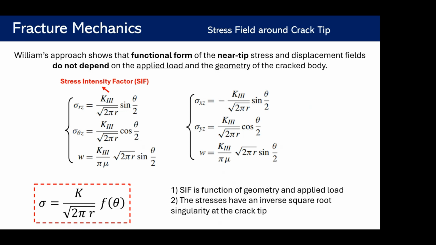But for finding K, which is very important for us, because I will show that K can also determine the fracture propagation criteria, we should use other approaches, of which I will give you just the simplest one.